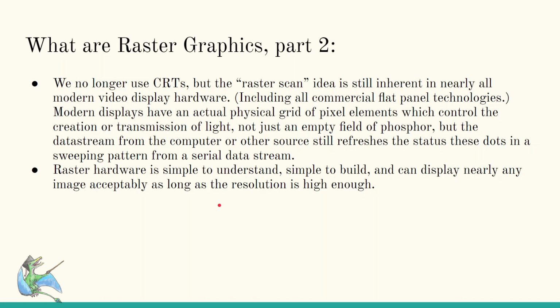So the reason raster displays have conquered the universe is simply because they're easy to realize. There's a lot of moving parts, so to speak, in a modern LCD display, in the sense you got literally millions of little dots, but it's simple. It's just the same unit repeated over and over again.